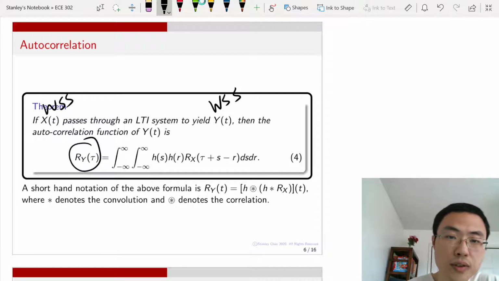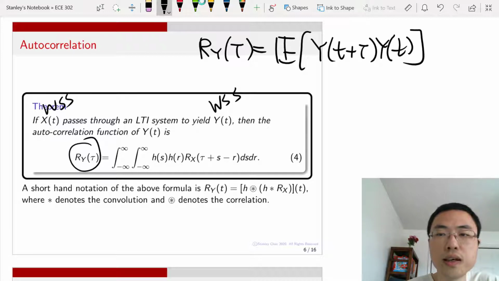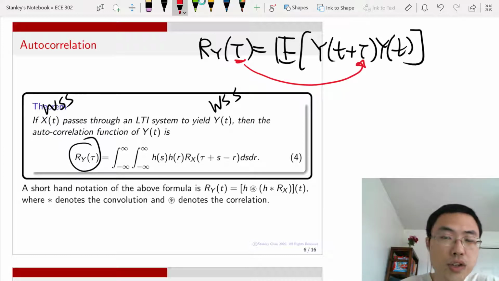Let me remind you, Ry of tau is defined as the expectation of y of t plus tau times y of t. This tau represents the time difference between the starting point and the end point.